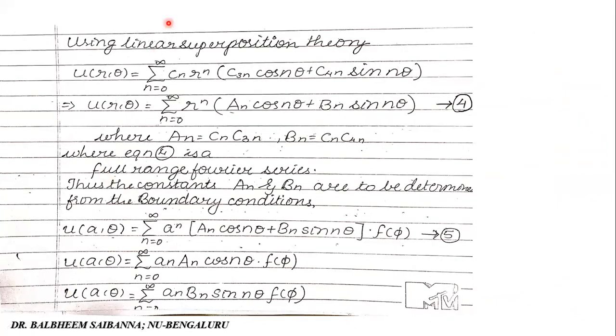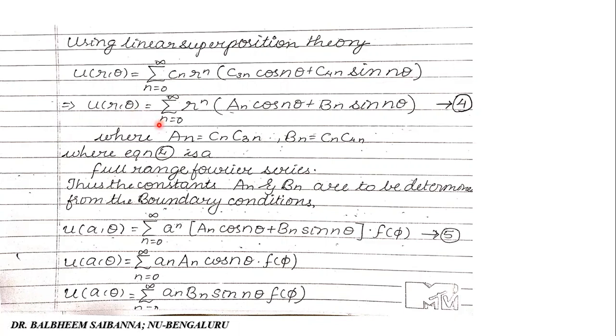So using the linear superposition theory, we find the n-dimensional solution. Then U of r comma theta is equal to summation n equals 0 to infinity, Cn r to the power of n, C3n cos n theta, C4n sin n theta.